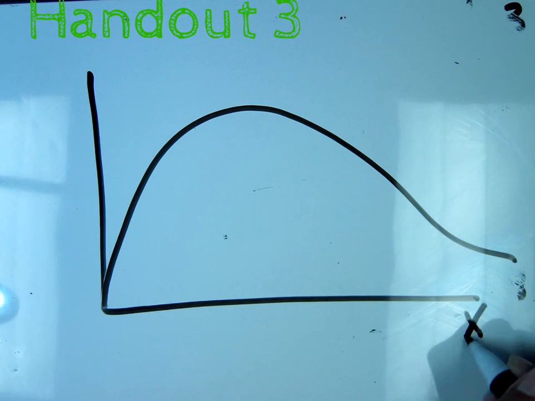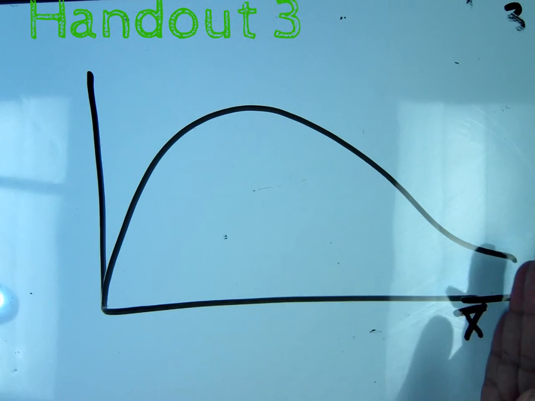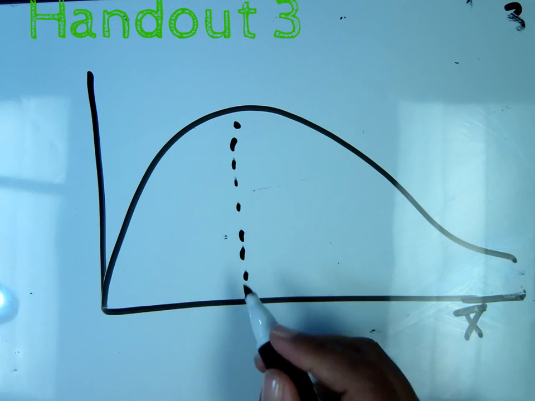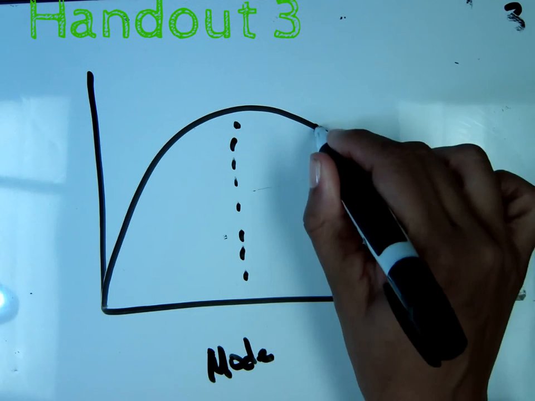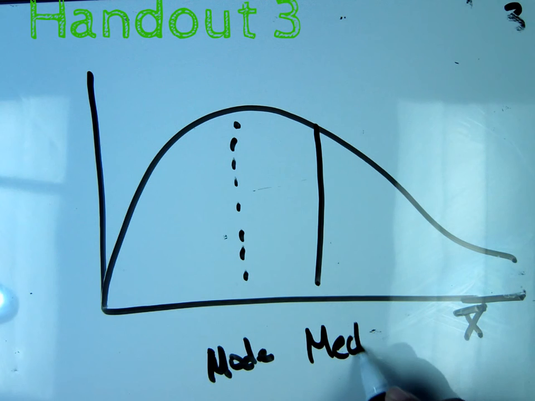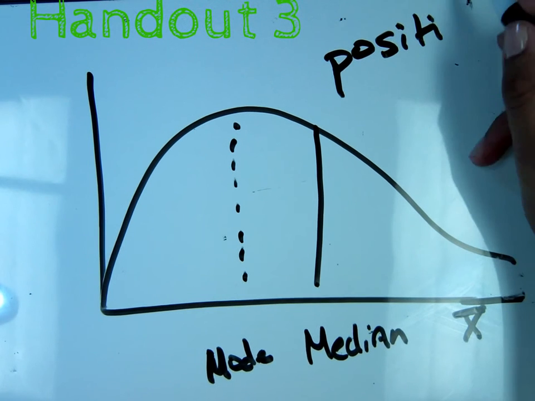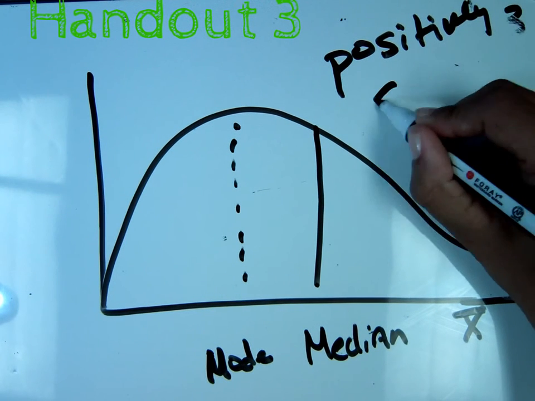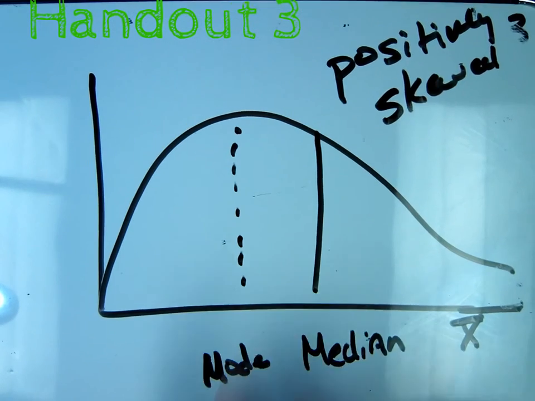My x bar here is to the right of my mode and my median. Half the scores are above, half are below. This is an example of a positively skewed distribution.